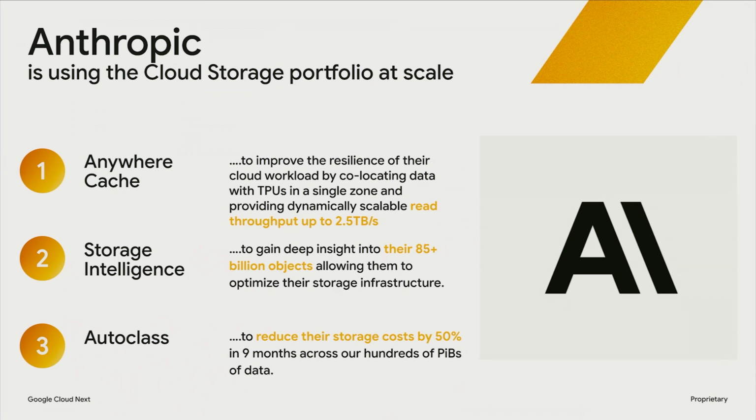This will automatically manage your storage based on how frequently they get accessed. So Anthropic has put pretty much all of their objects under Autoclass management. In the last 9 months, they have been able to reduce their storage cost by 50%. Right? And by the way, this is another easy button you can turn on at the bucket level, and it's completely transparent to your users and to your applications.